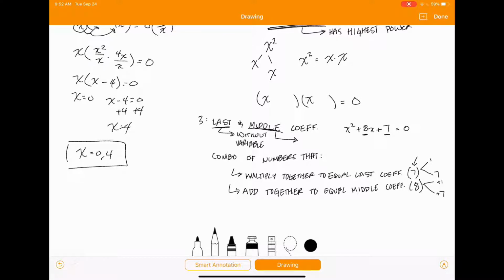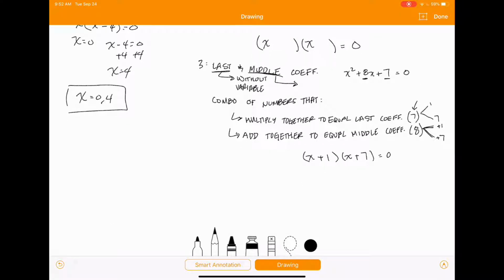Combining those gives us a positive 8. So we can put these terms into our parentheses: our positive 1 and our positive 7.